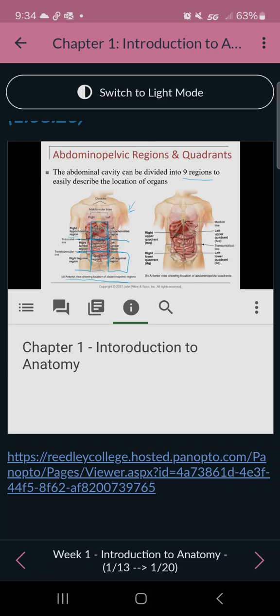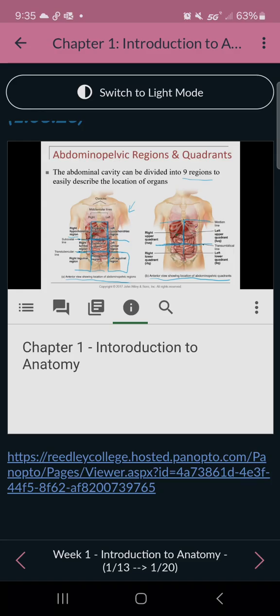Okay, we have also divided the body into quadrants. So here we have an anterior view showing location of abdominopelvic quadrants. So we have 4 abdominopelvic quadrants. Here, this is going to be the right upper quadrant, and then this is going to be the left upper quadrant.